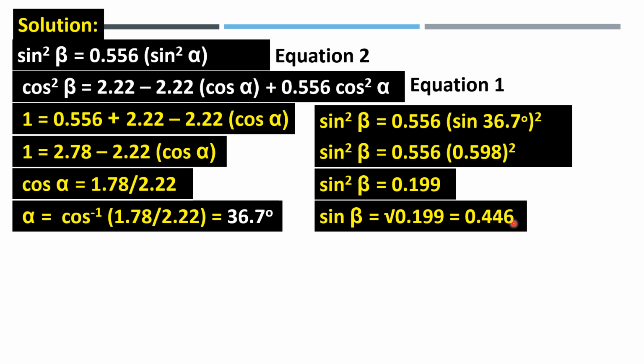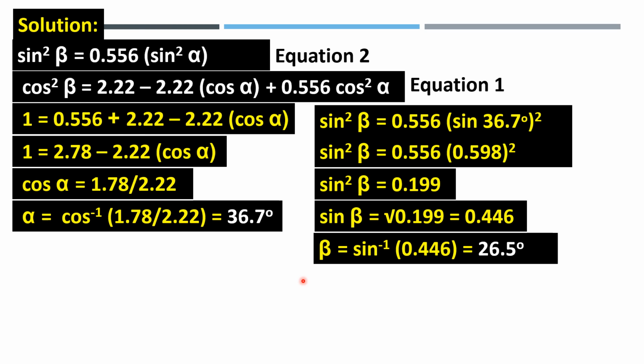In short, sine beta is equal to 0.446, and then using the arcsine formula to get the angle beta, we now have arcsine of 0.446 to get this value of the angle beta, 26.5 degrees. All right?